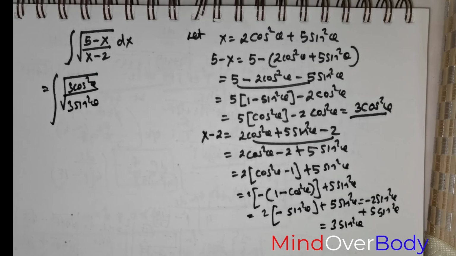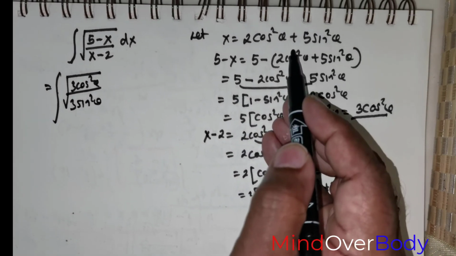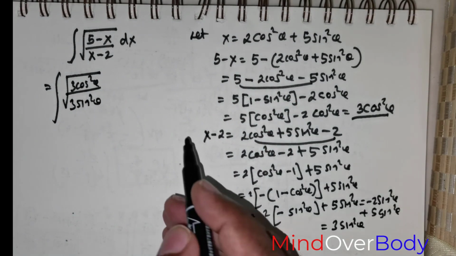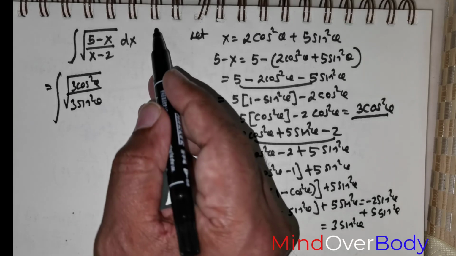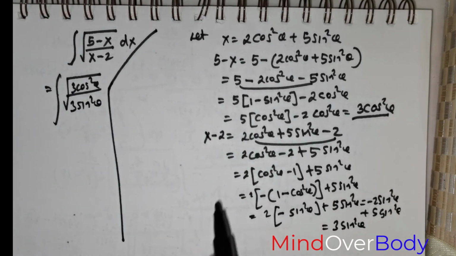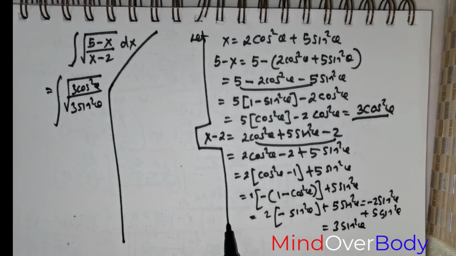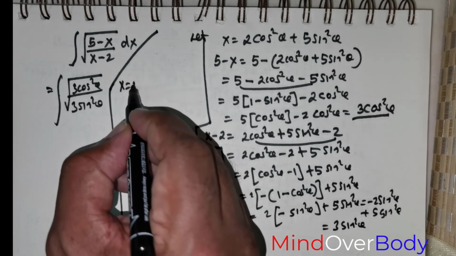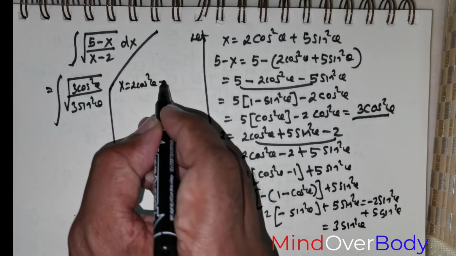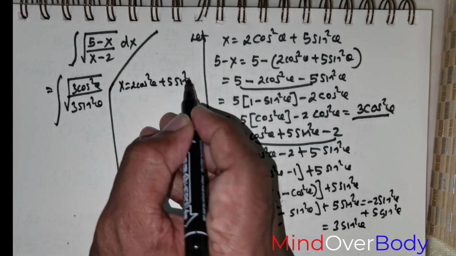We will have to look into the dx. Now x is equal to this, so let's see what happens to dx. Probably I will use this space here. So x is 2 times cos square theta plus 5 times sin square theta.